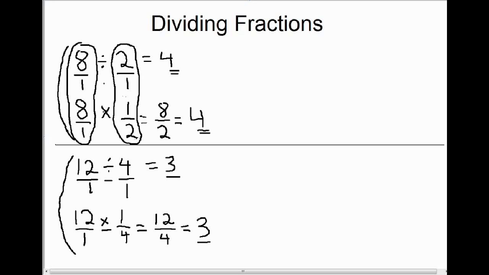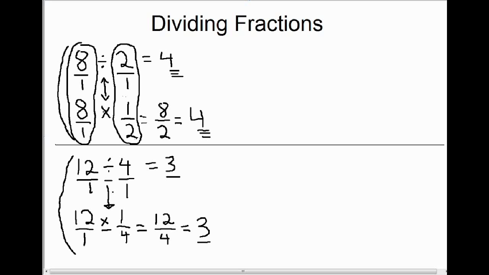So really what we're doing here is we are changing something. It's the same question, but it's written a different way. So initially we have a division question when we're dividing by 2 over 1. And what we can see here is if we multiply by 1 over 2, the result is the same. Similarly, in the second one, we are changing to multiplication from division.